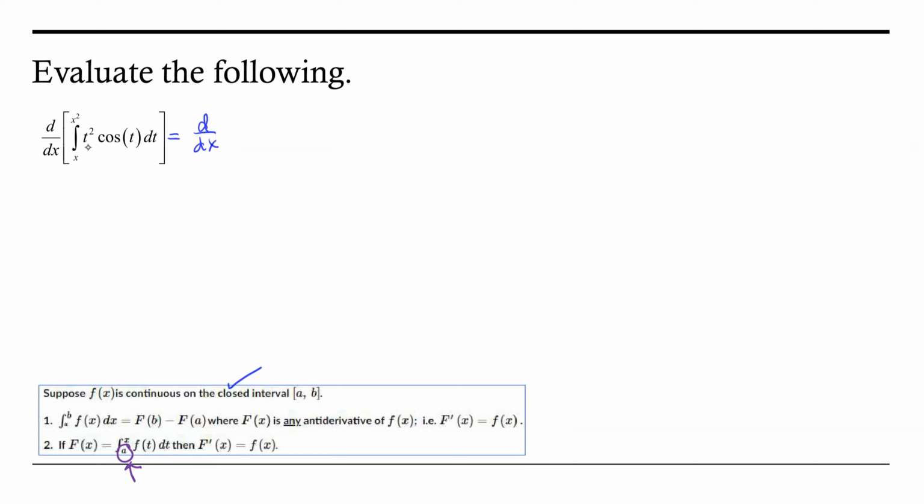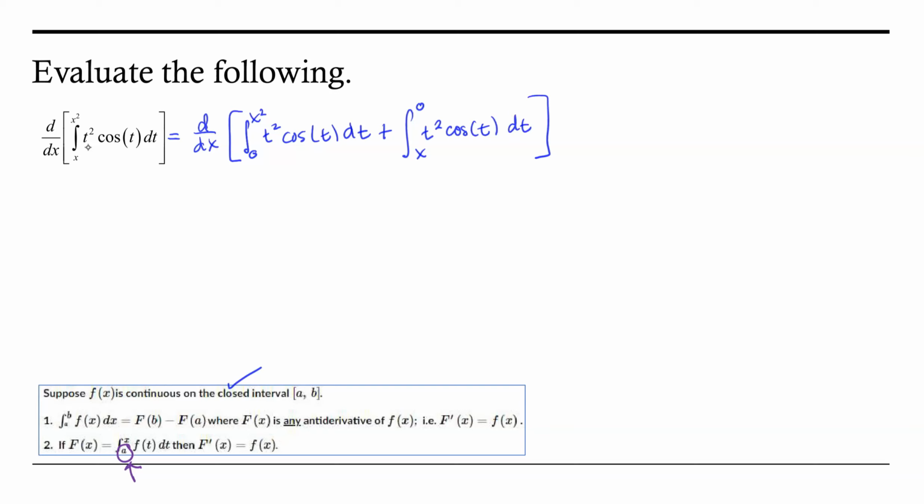The derivative with respect to x of the integral from, and I'm going to pick an arbitrary constant, I'm going to choose 0, from 0 to x squared of t squared times cosine of t dt plus the integral from x to 0 of t squared cosine of t dt.